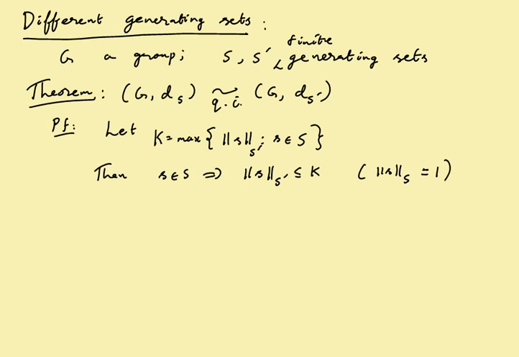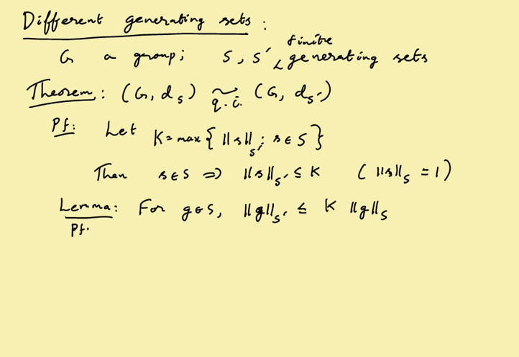So for generators, at least, when the S norm is 1, the S prime norm is at most K. So you can guess from this that we are scaling up by K. So for g in G, the norm with respect to S prime of not s but g is less than or equal to K times its norm with respect to S. This is what I'll prove and leave the rest as an exercise.